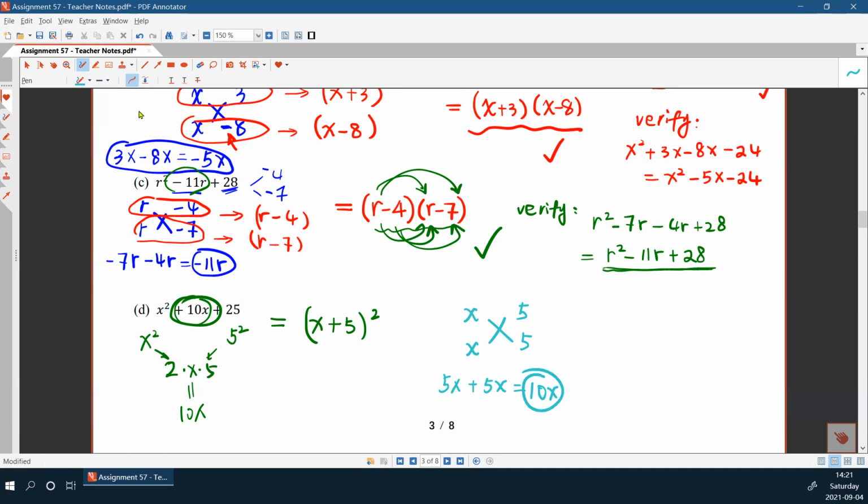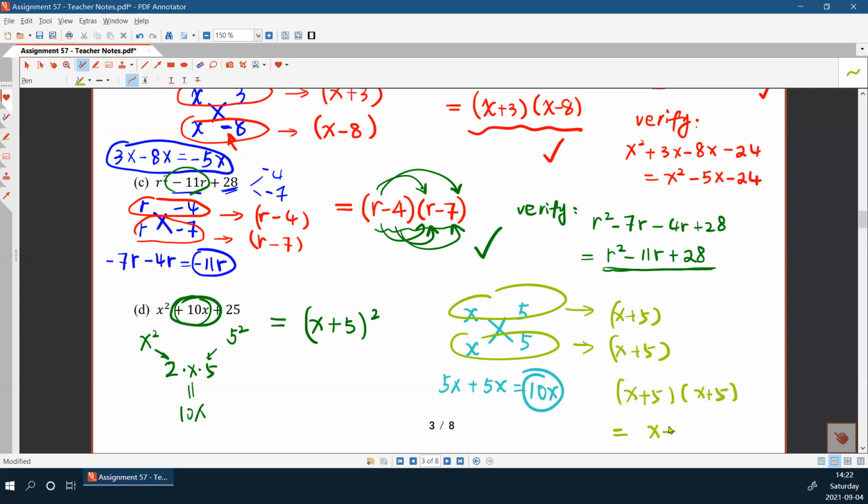So by using this technique, the first term here is x plus 5, and second term here is also x plus 5. So the original expression can be factored to x plus 5 times x plus 5, which is also x plus 5 to the power of 2. You understand? Any questions?